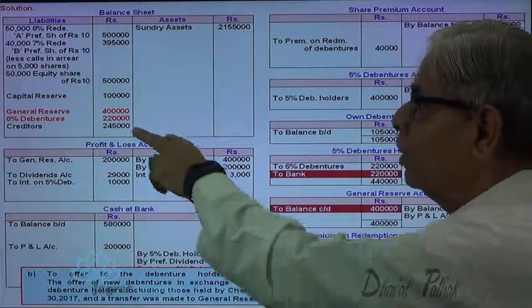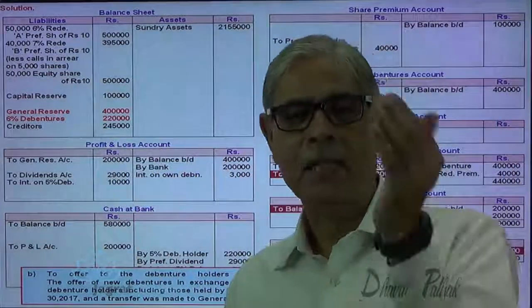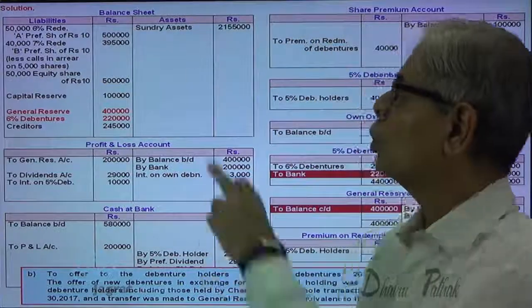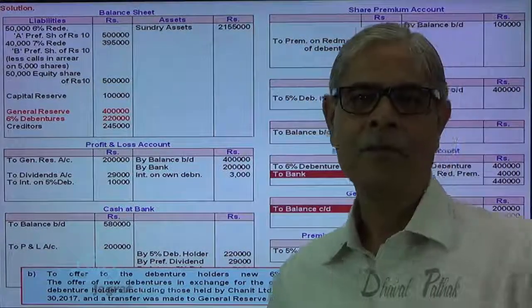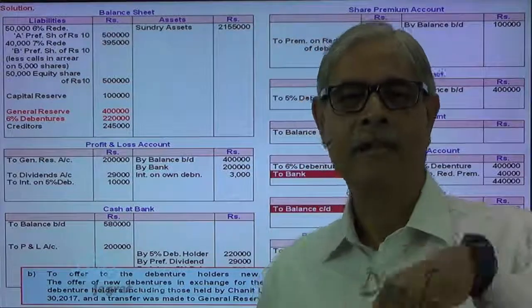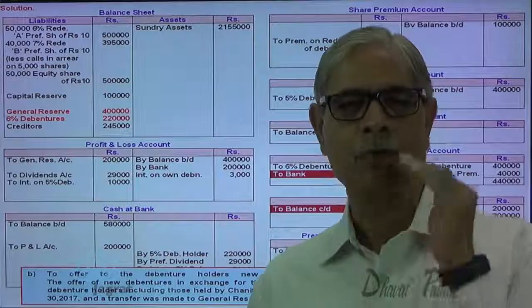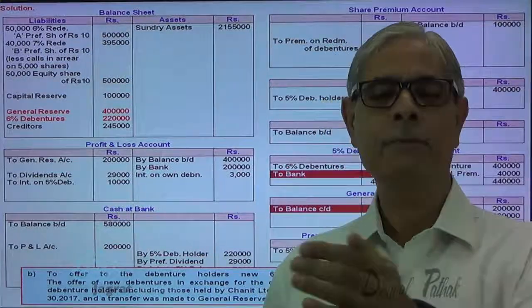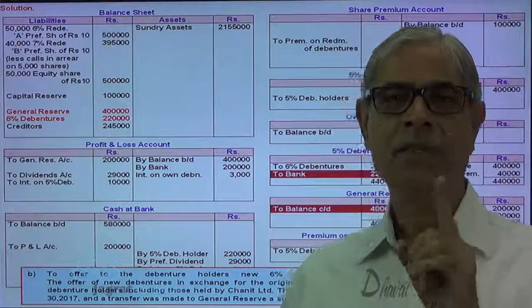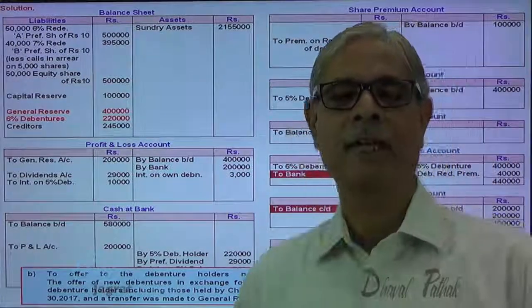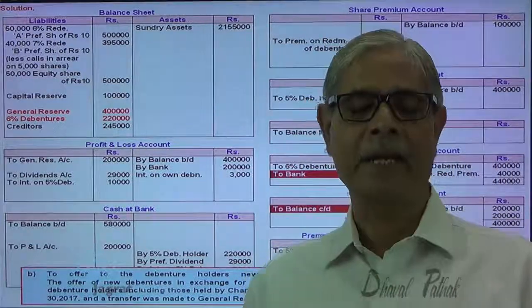Now, see. These 5% debentures are converted into 6% debentures. So my own debenture of 1,20,000, they are converted into new debenture of 6%. Because the old debenture of 5% are exchanged for 6% new debenture. But the value of my debenture was 1,20,000 and the 10% is to be added, 12,000.